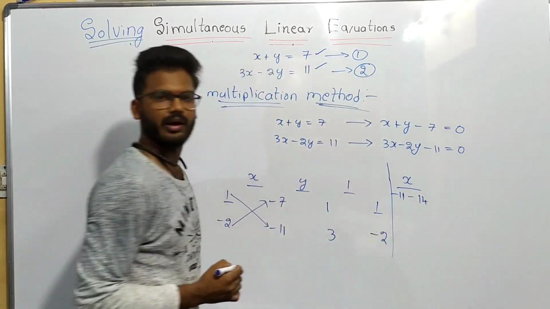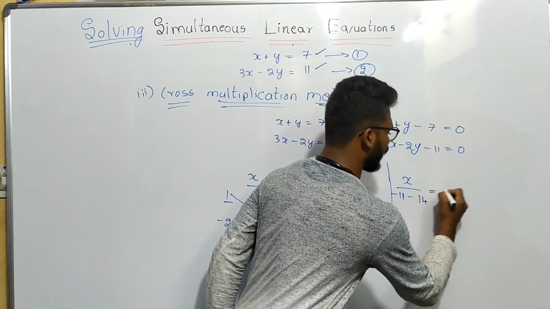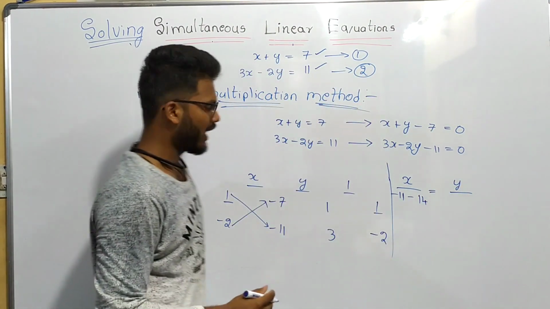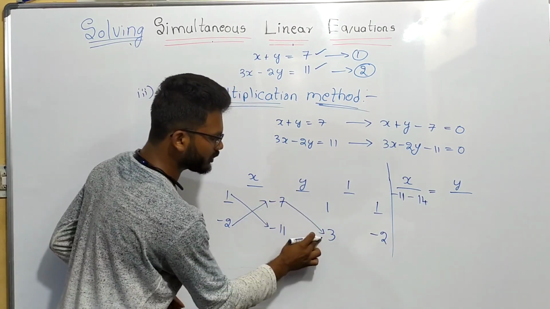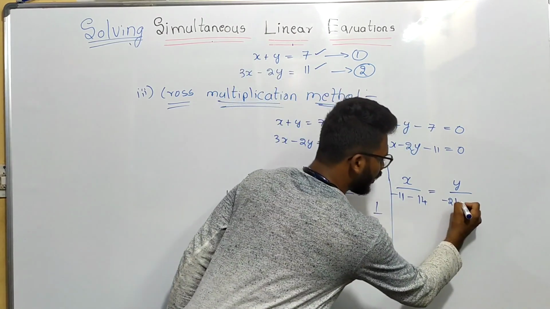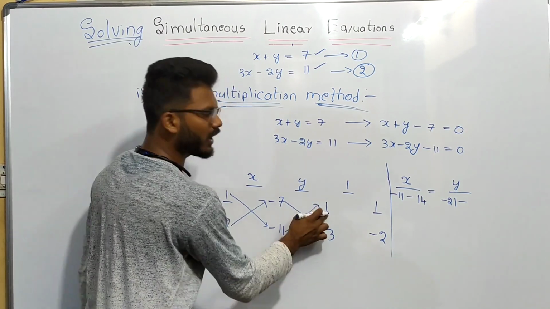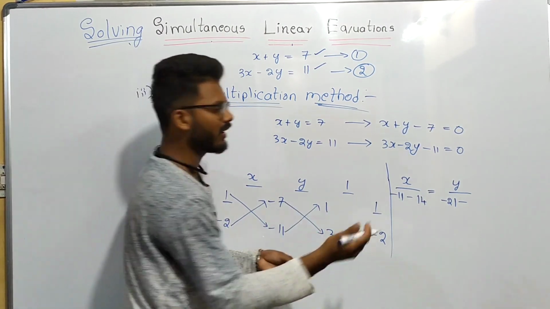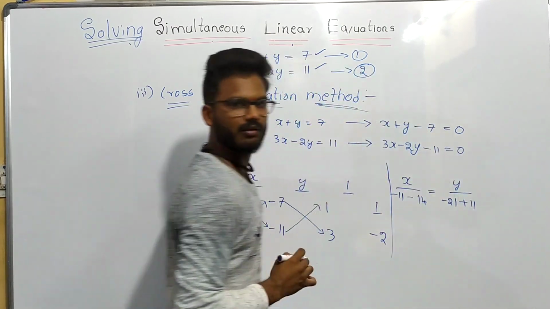So x by minus 11 minus 14 is equal to y by, again y by, same, minus 7 into 3 is minus 21. After multiplying, I have to keep minus, and minus 11 into 1 is minus 11. Already there is a minus, so minus of minus 11 becomes plus 11.